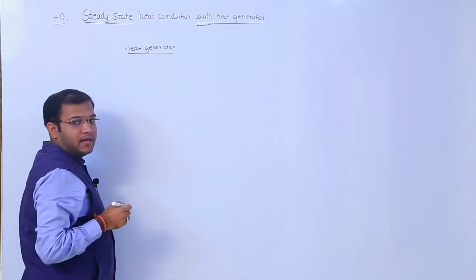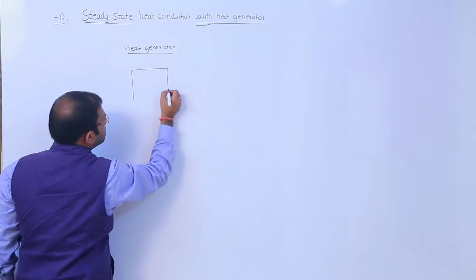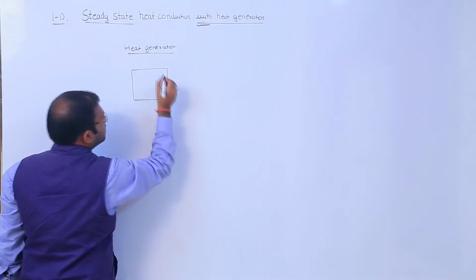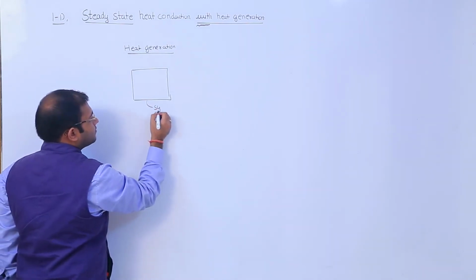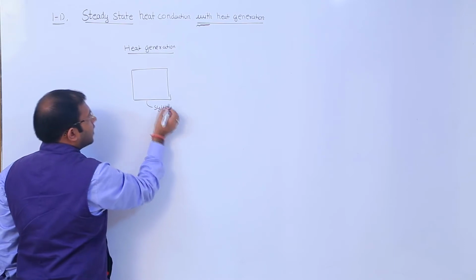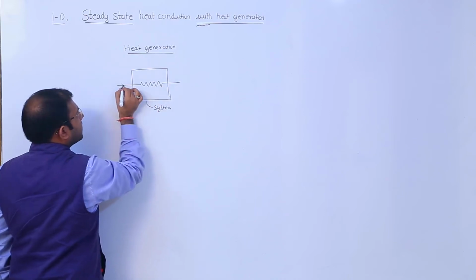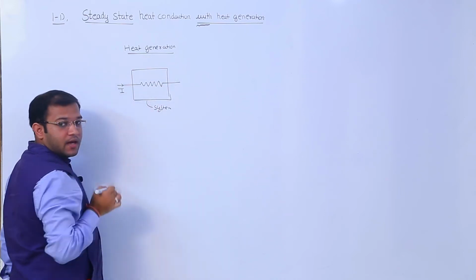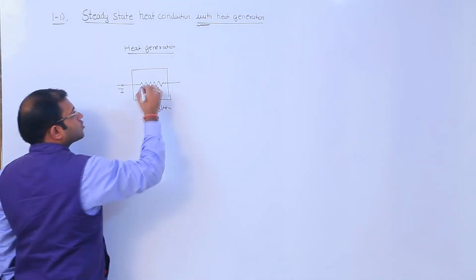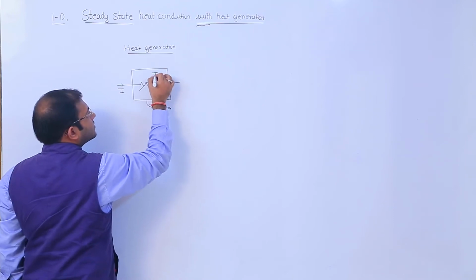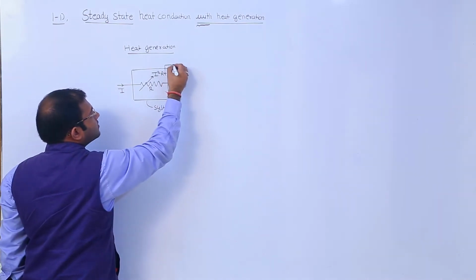I have already explained, again repeating. Now see, suppose this is a body or this is our system and there passes a wire and through the wire we are flowing current I and the resistance is R. So some heat will be developed that is equal to I square R T, where this T is time.